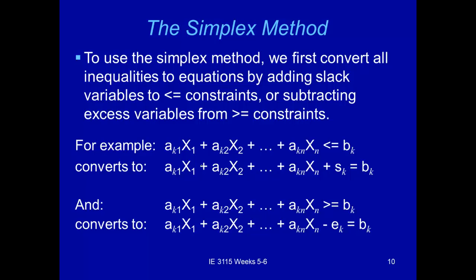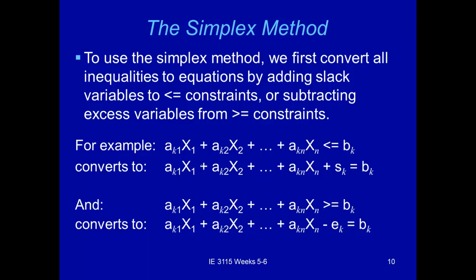But in our situation, in a lot of those LP models, we usually have more inequalities in the constraints than the number of decision variables. That means, as we illustrated in the graphical solution, there is more than one solution that will satisfy those inequalities. And the purpose is to find the one that gives us the highest objective function value.